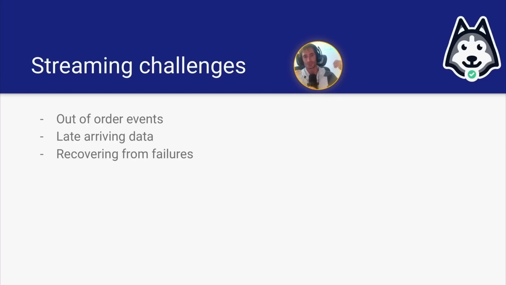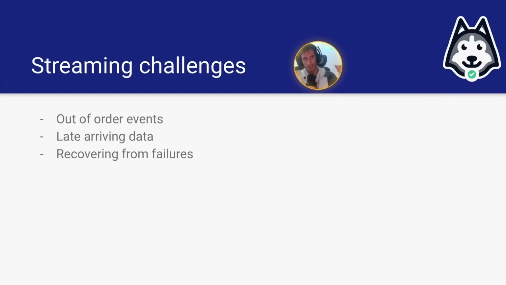And another big one is recovering from failures. One of the things that's tricky about streaming pipelines is it's a little bit different from batch pipelines in that when it fails, you need to reset it and then have it run again. And the longer you wait to fix a streaming pipeline failure, the more and more data gets behind it, and it gets backed up more and more.